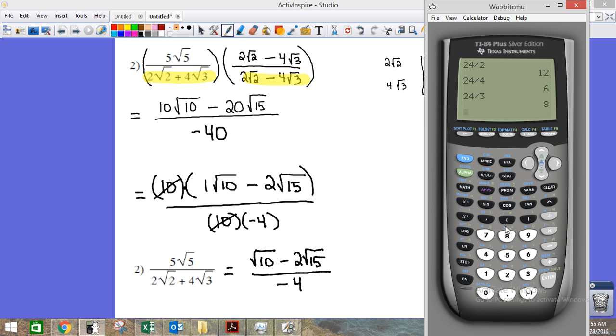I can take this 5 times the square root of 5, and I can divide it by this denominator, and now I need parentheses to tell it that that's my whole denominator.